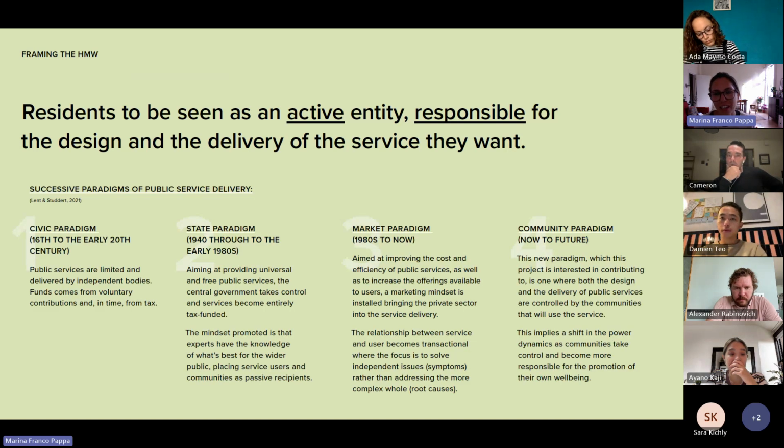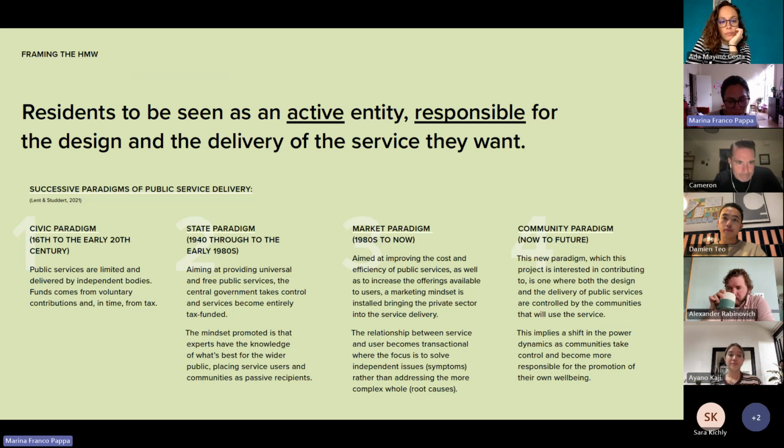And just to finish, I think this relates back to a very initial conversation that I was having at the very beginning of my project, looking at different paradigms on public service delivery, and how the receiver or the user was always seen as this passive entity, when actually there is this community paradigm which is being explored by some people, and which I'm very interested in, which is looking at how we shift the power.